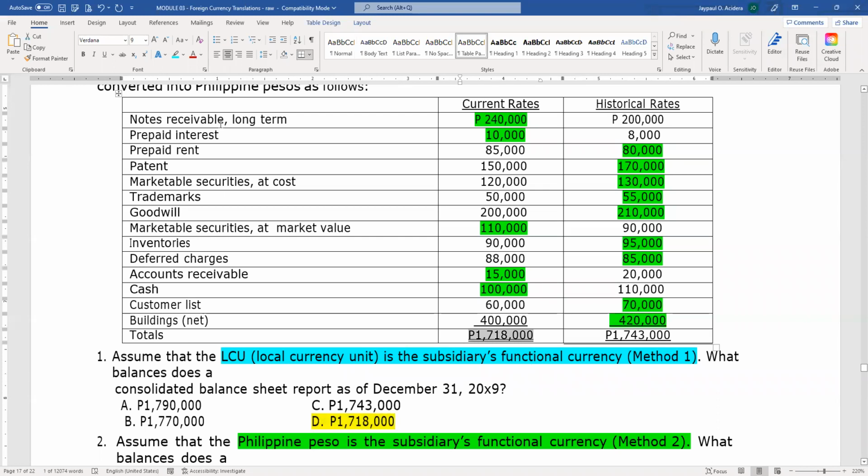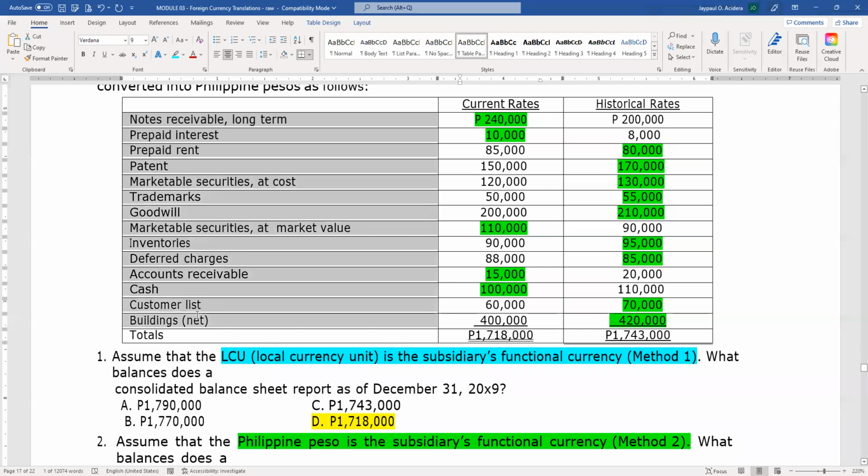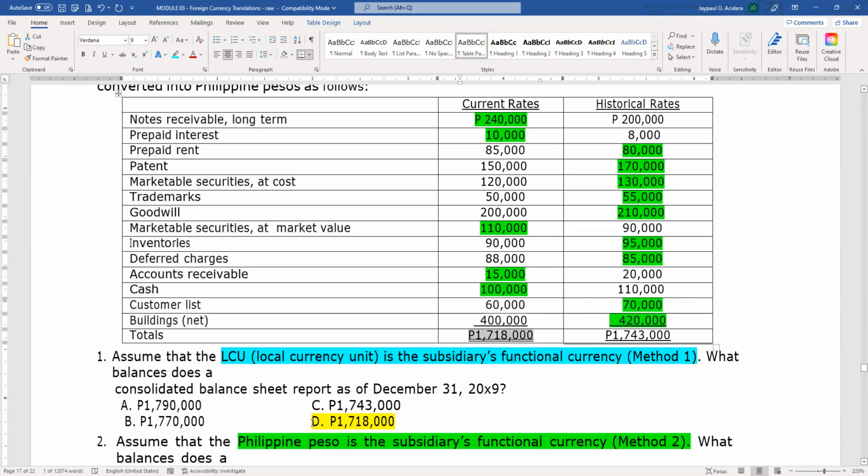Lahat naman to class assets. Okay? But it is a mixture of monetary and non-monetary assets. But for method 1, regardless if it is monetary or non-monetary, we are still going to use the current rate. So therefore, ikunin na lang natin yung total. So that's already the answer. Okay?